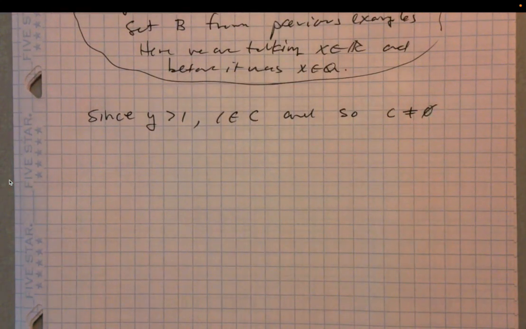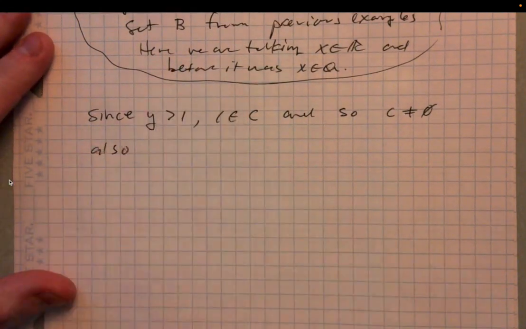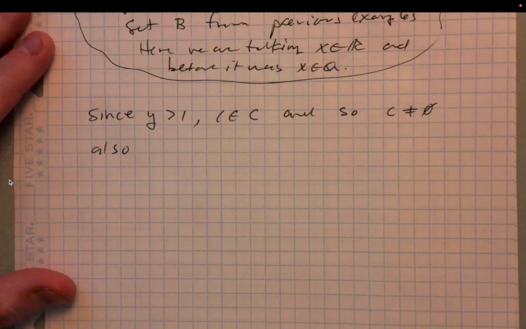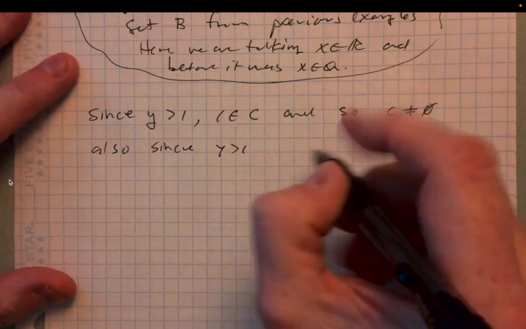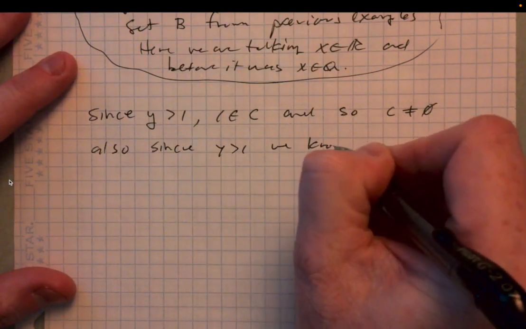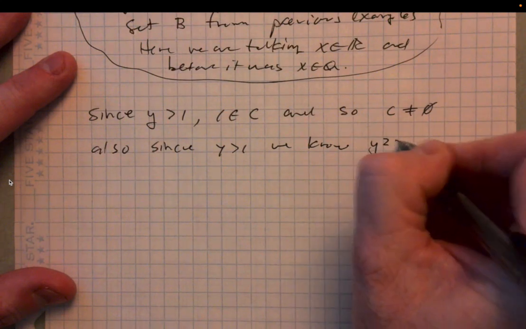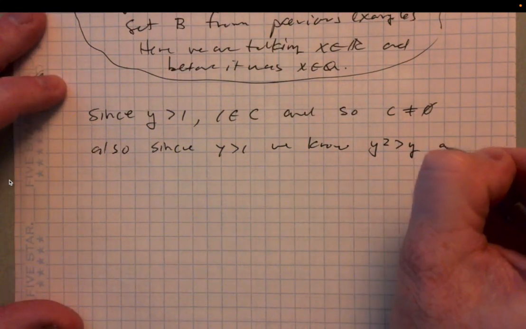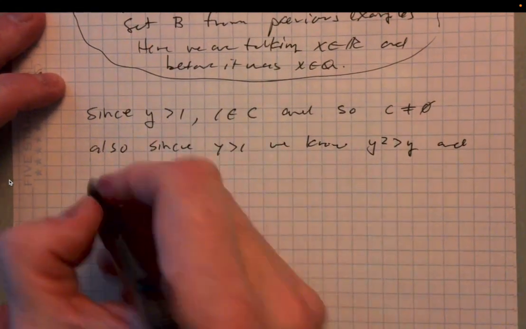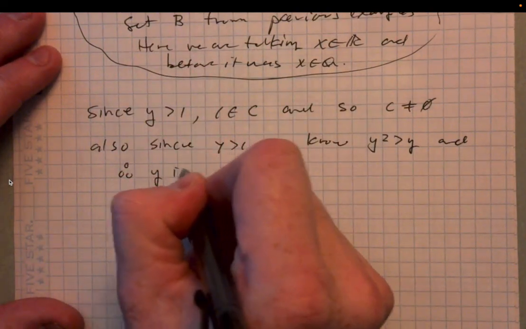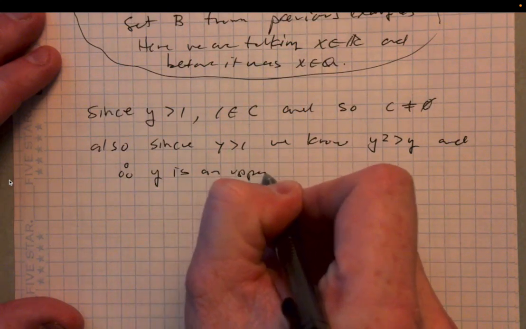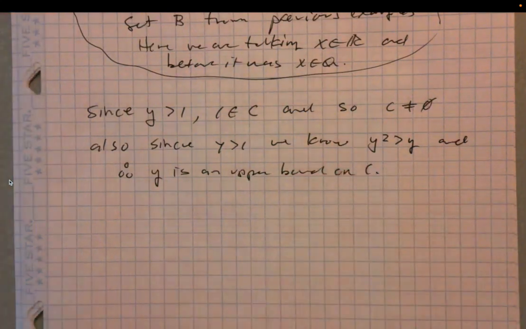Also, since y is greater than 1, we know that y squared is greater than y, right? And therefore, we could say that y is an upper bound on C. Okay, so hopefully that should follow.